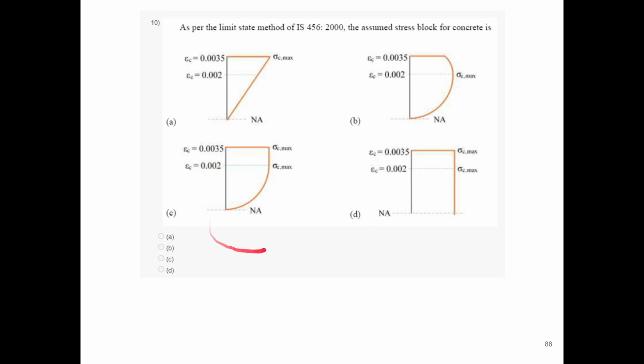So it is a parabola and rectangle. The C option is the correct stress block for concrete for limit state method.